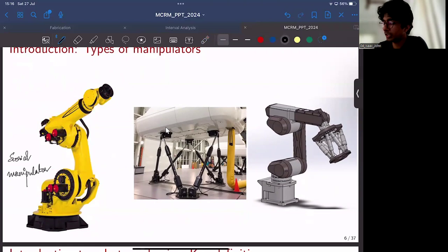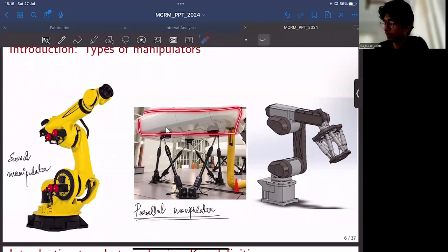Whereas over here, what you see is a parallel manipulator. Here, a platform, as you see, is connected to the fixed base through multiple parallel legs. And each of these legs will have its own actuator, maybe a telescopic arm, which can extend or contract its length.